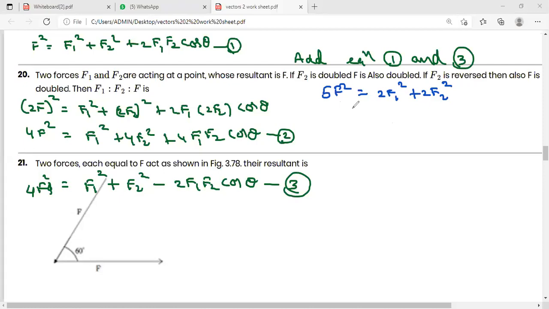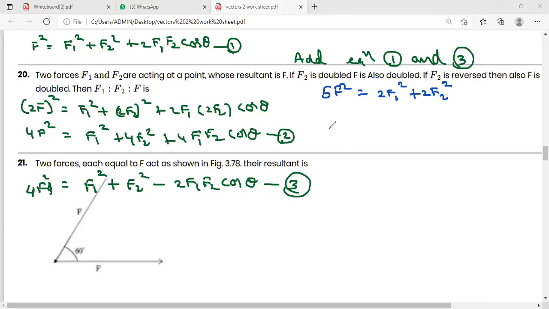Okay, and any other? Again, to get a similar relation, any other two can be added. Now, you just do one thing. In the second equation, there is 4F1 F2 cos theta. In the third equation, there is minus 2F1 F2 cos theta.